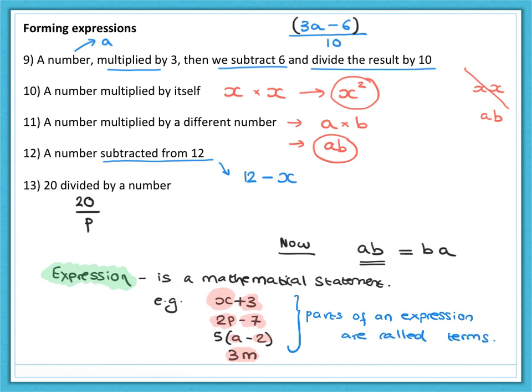So it's important that you understand what an expression is, and it's important that you understand what a term is. Sometimes an expression might consist of just a single term like that. Other times an expression might consist of multiple terms.